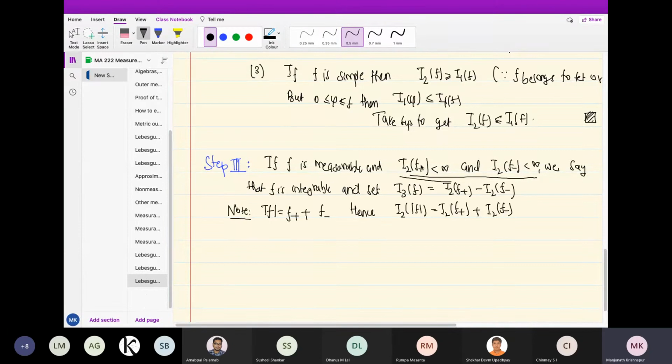Therefore, the finiteness of these two, hence f is integrable if and only if I2 of mod f is finite. So instead of saying f plus and f minus should have finite integrals, we can also say mod f should have finite integral in the previous step.